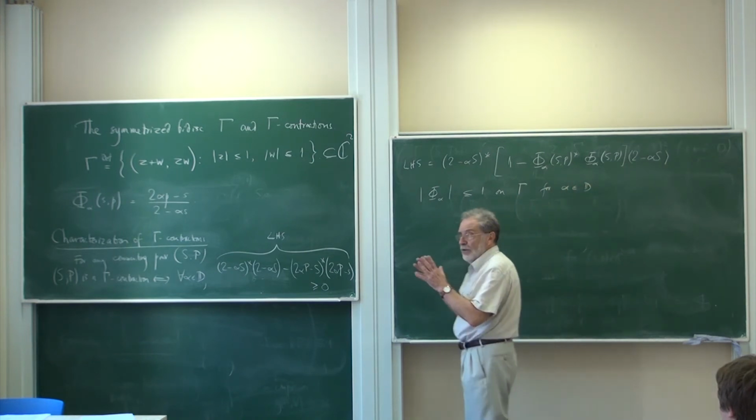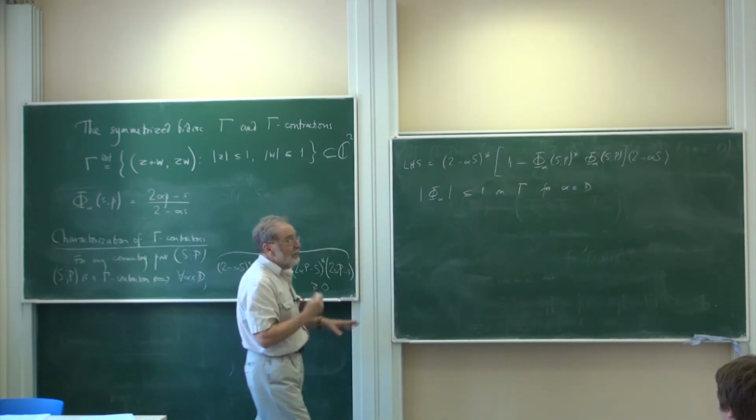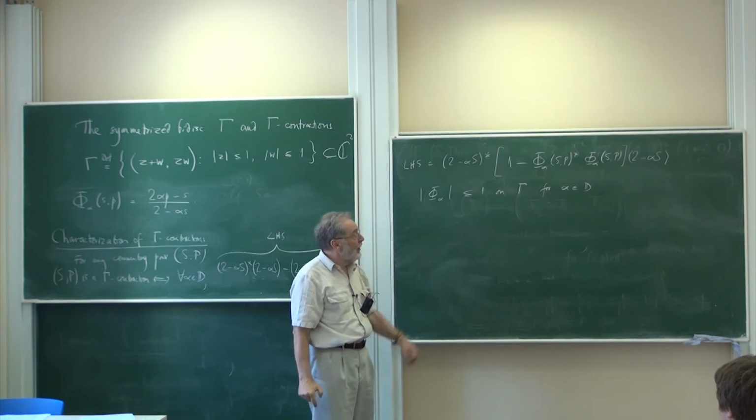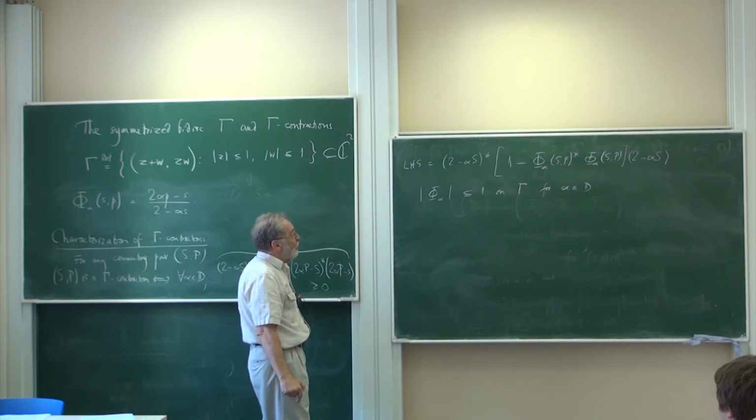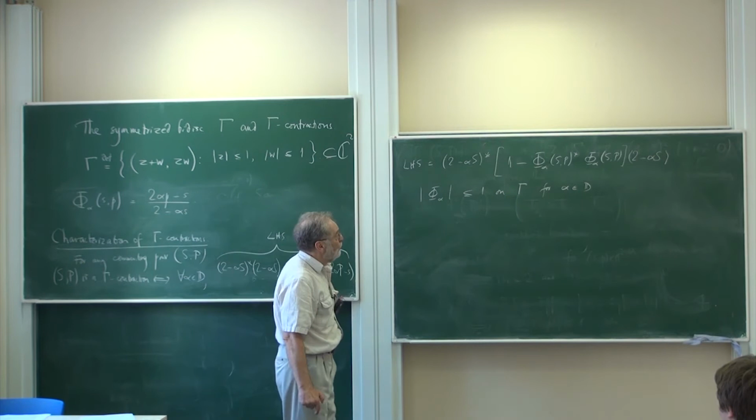If alpha has modulus exactly 1, then that's not quite true, because we saw that there's a singularity at a single point in gamma, so that wouldn't be true. But for alpha with modulus strictly less than 1, this is true.